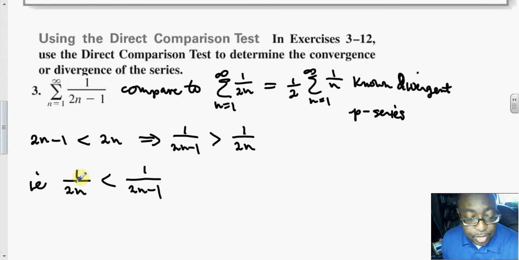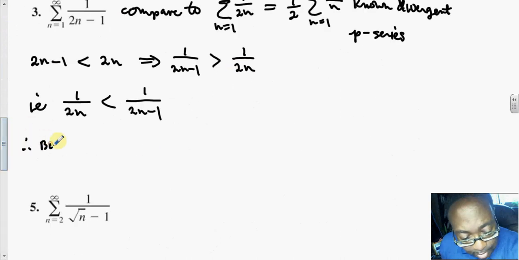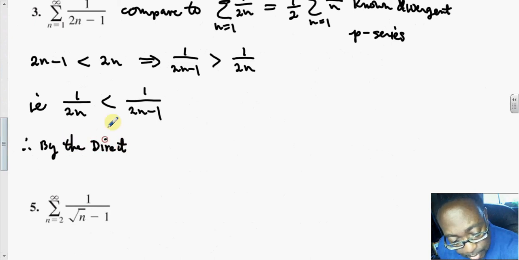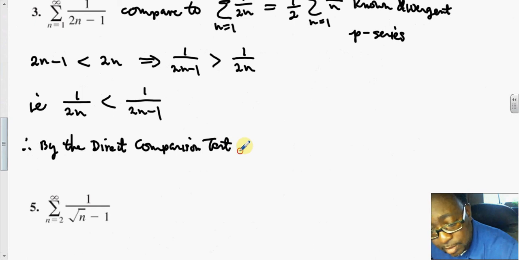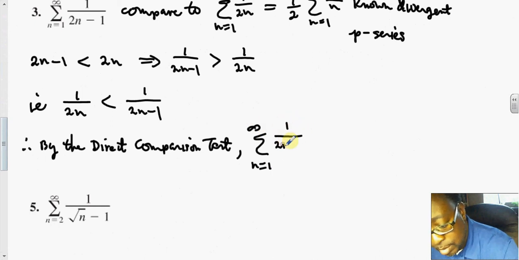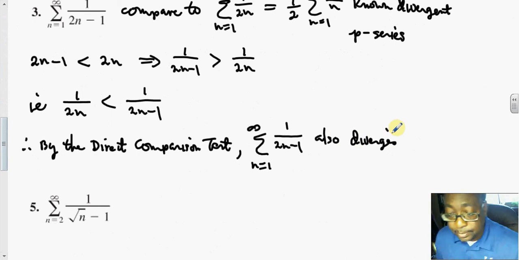Since we know that the series of 1 over 2n diverges, anything greater than that must also diverge. And so by the direct comparison test, this series here also diverges.